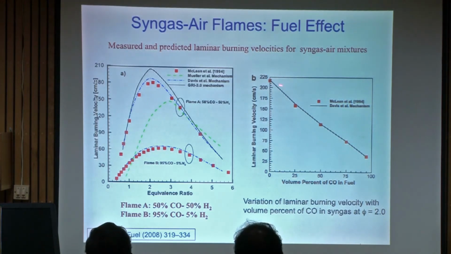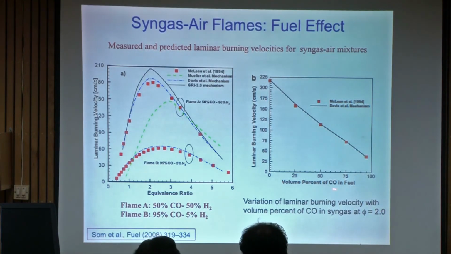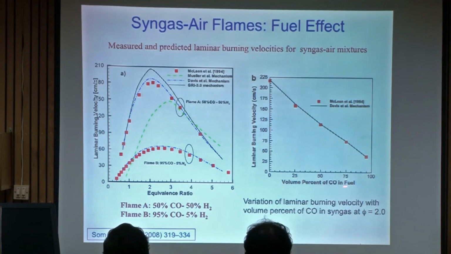This shows the effect of composition, at equivalence ratio 2. At a fixed equivalence ratio, you just vary the amount of CO versus hydrogen in the syngas. So 0 means it's all hydrogen. You cannot go to 100% CO because then you don't get any flame.